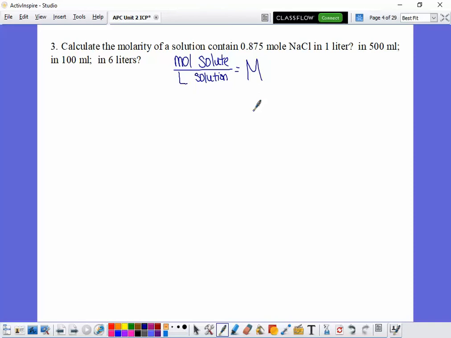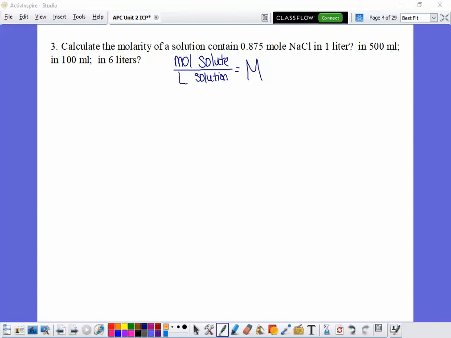So even though this says that you're dissolving it in 1 liter of water and 500 milliliters of water, those are going to be the volumes of your solution, is what I'm getting at here. And for this problem, only for this problem, we're going to ignore the sig figs of our volumes and just worry about the sig figs of our solute moles, okay?